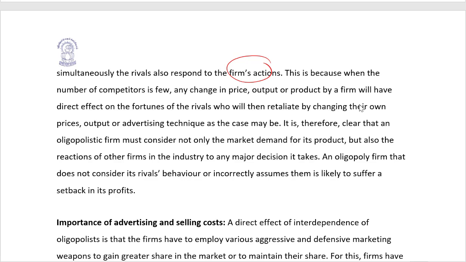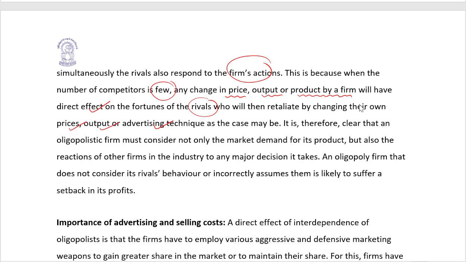Supposing you reduce the price, in that case all the customers will shift to you, so your rival also needs to reduce the price. On the basis of the firm's action, the rival firm will also take some action. This is because when the number of competitors is few, any change in the price, output or product of a firm may have a direct effect on the fortune of the rivals, who will then retaliate by changing their own prices, output and advertising technique as the case may be.